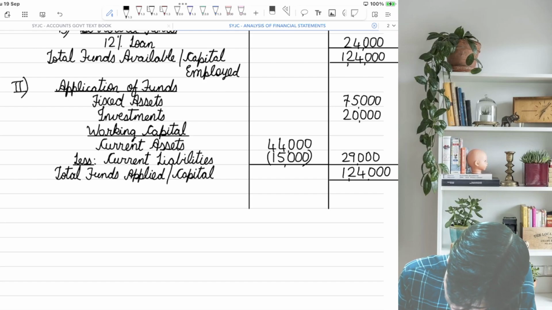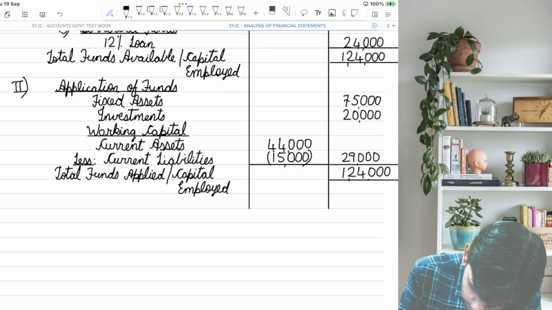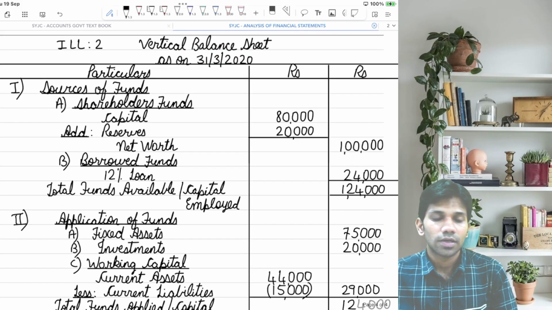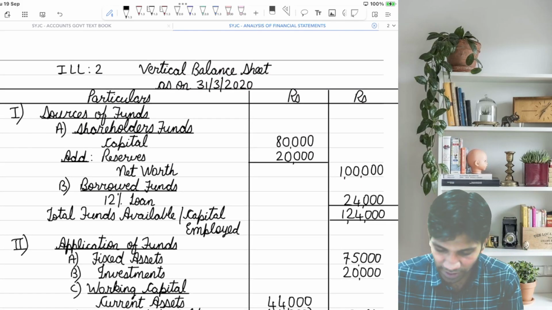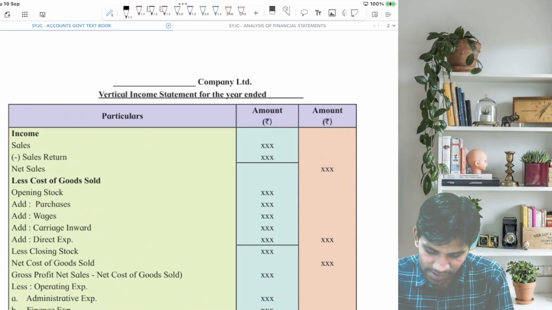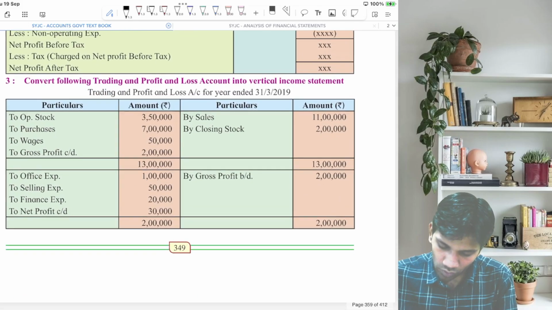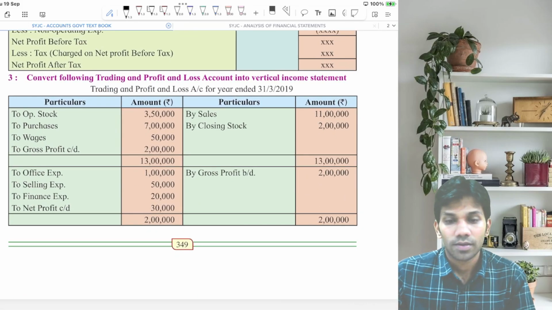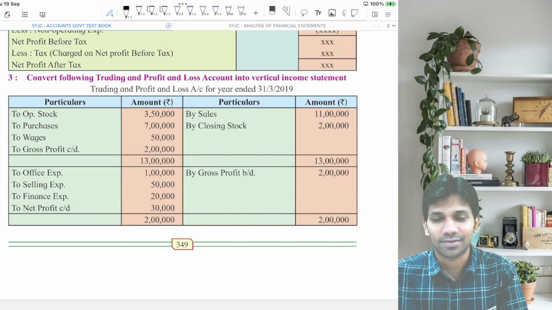We'll use the same words and everything so that you don't get confused. I'll give A to this, B to this, C to this. This is it. Illustration 2 of your textbook. I hope it is very clear. Let's move ahead. We'll go for the next part, that is income statement. Question number 3. Okay, let's start with the vertical income statement.